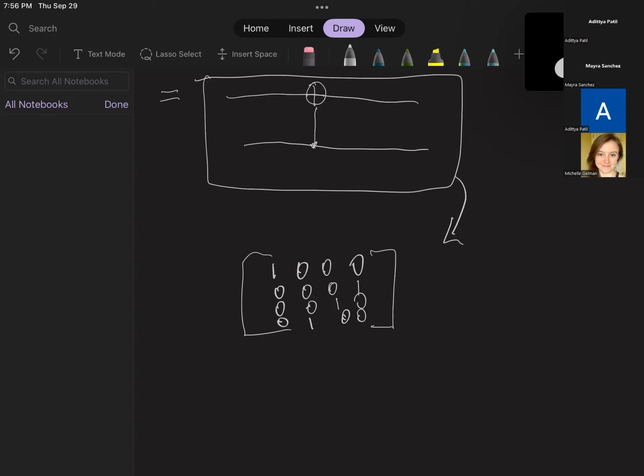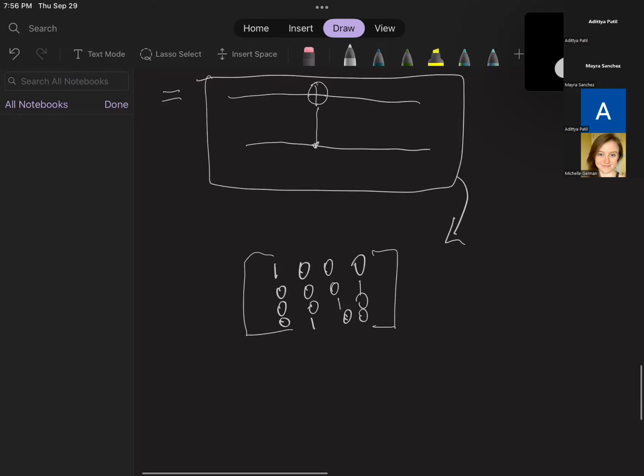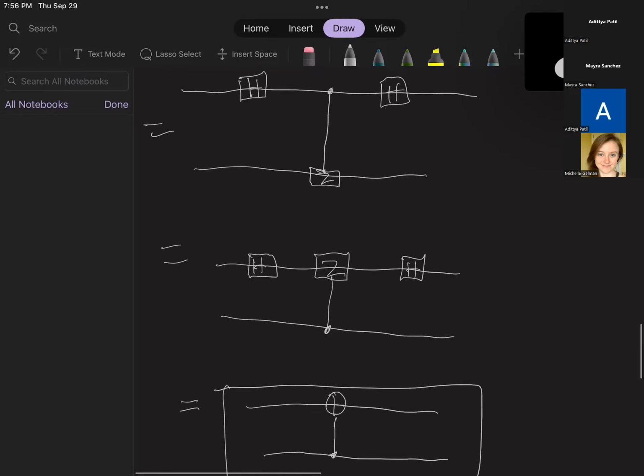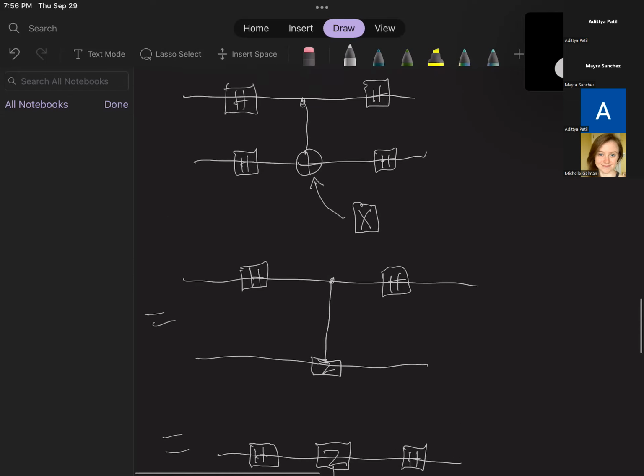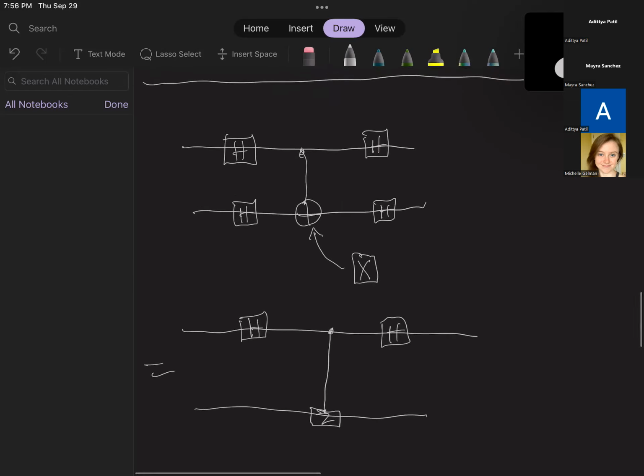We went from the Hadamard sandwich, and we saw the steps. We first used that identity that we learned in the previous class, HXH, which becomes a Z. Then since the controlled Z is symmetric, you can essentially just flip it.